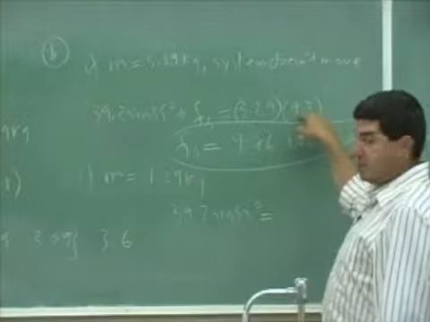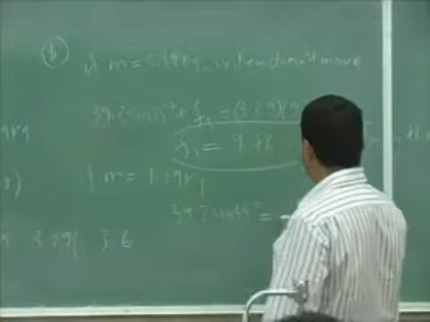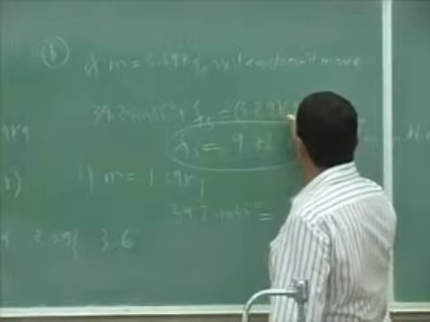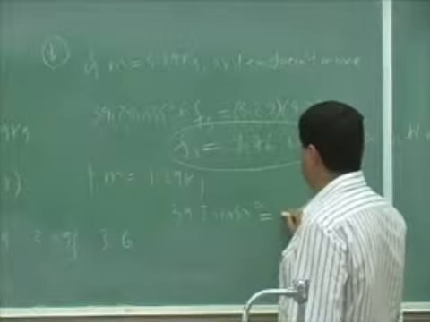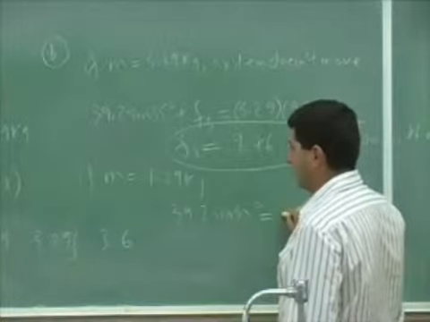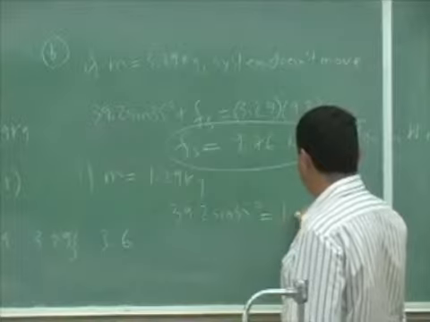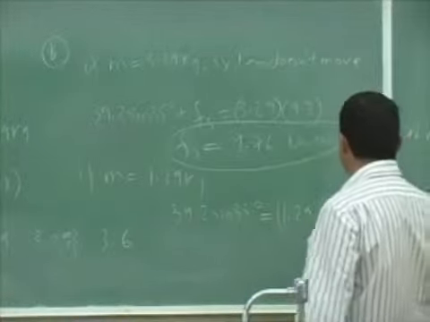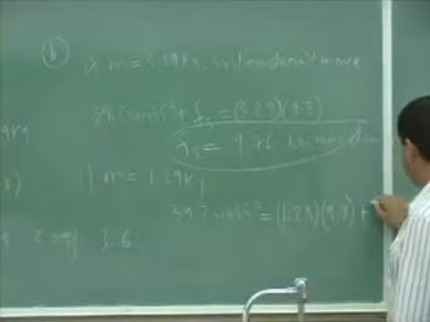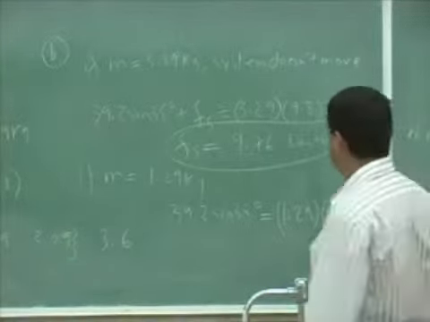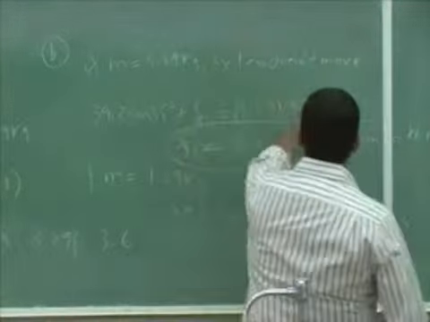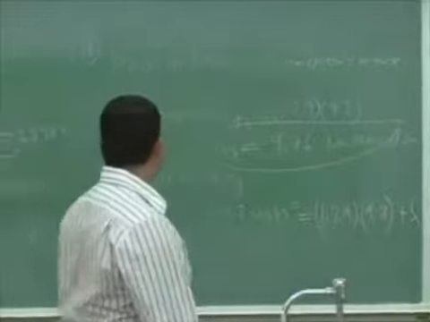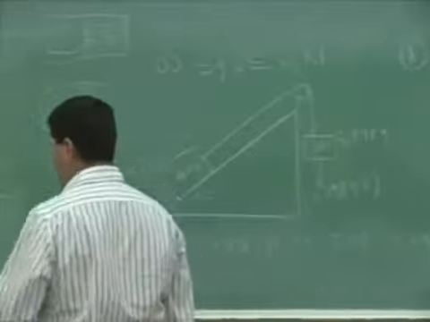It's going to be up the incline, right? 39.2 sine 35 is going to equal, what is it? 1 kilogram less, right? 1.29 times 9.8 plus Fs. So see, the Fs went over to the other side because the friction is now going to help the hanging mass.